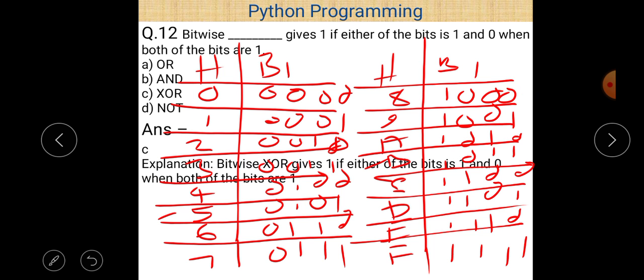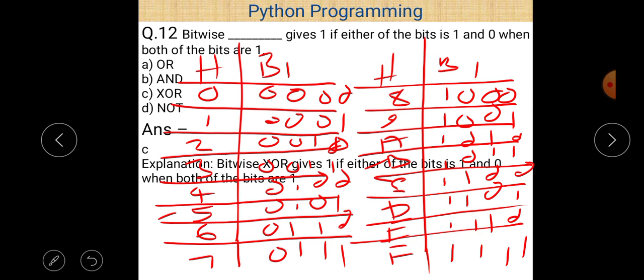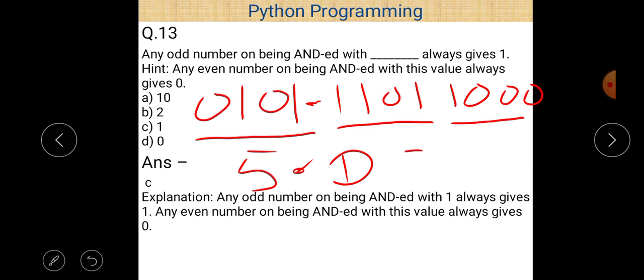The code of 1101 is D, so just write D here. Then 1000, the code of 1000 is 8, so write 8 here. So 5.D8 is the correct answer. This is the hexadecimal equivalent of this binary representation.